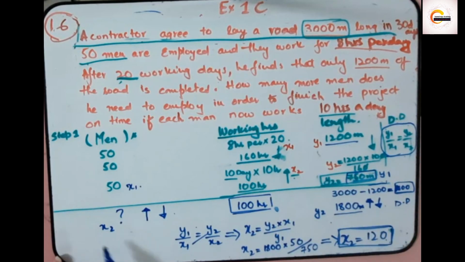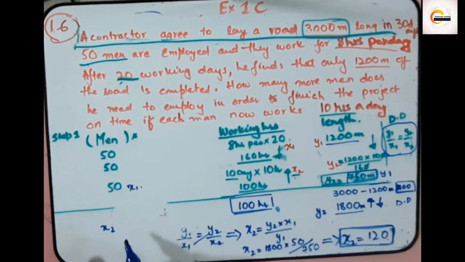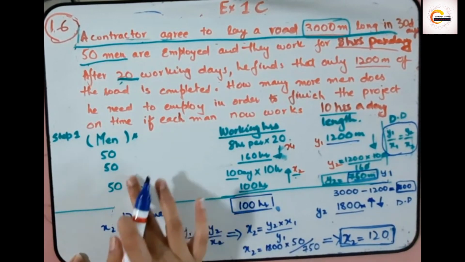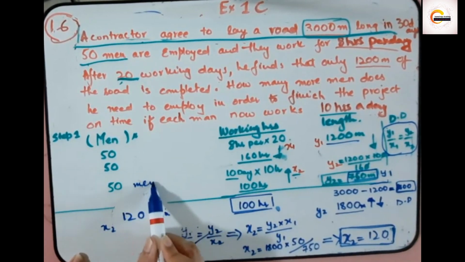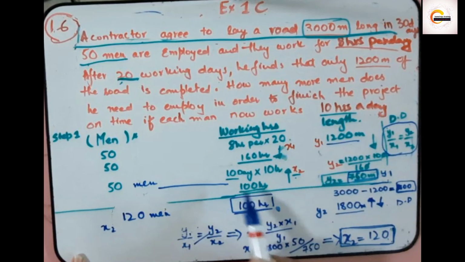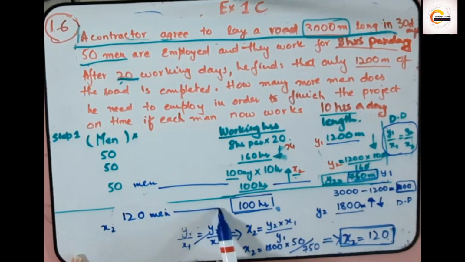Let me write it down here. 120 men can produce. Okay, so if 50 men work for 100 hours, they will lay 750 meters. And if 120 men work for 100 hours, they will lay 1800 meters of road.